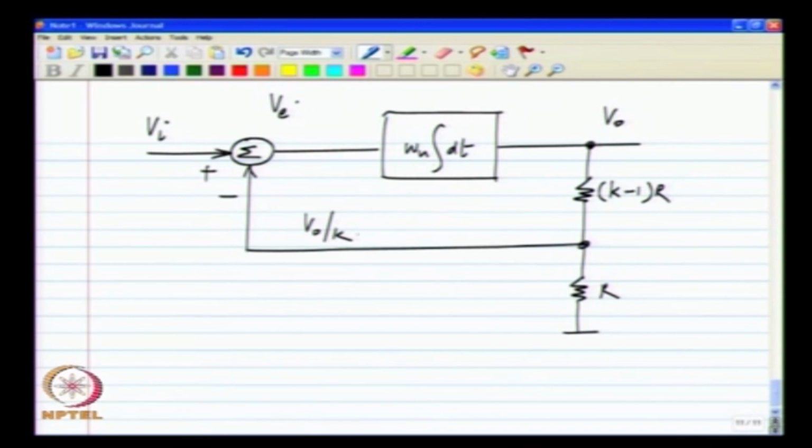So, we know that V naught is omega u integral V e dt.